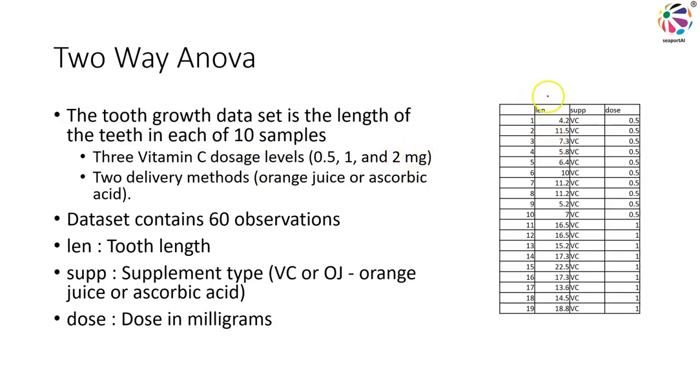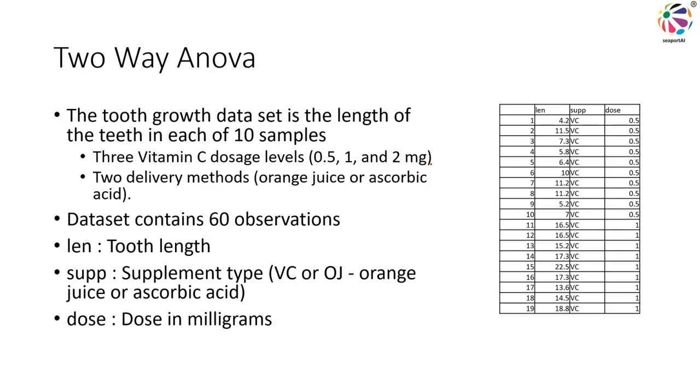We have the resultant increase in tooth length that corresponds to the delivery method and also the dosage. So this is my data set. I am going to use this data set and ascertain whether the average increase in tooth length is the same across vitamin dosages and across delivery methods. That's what I'm going to ascertain.